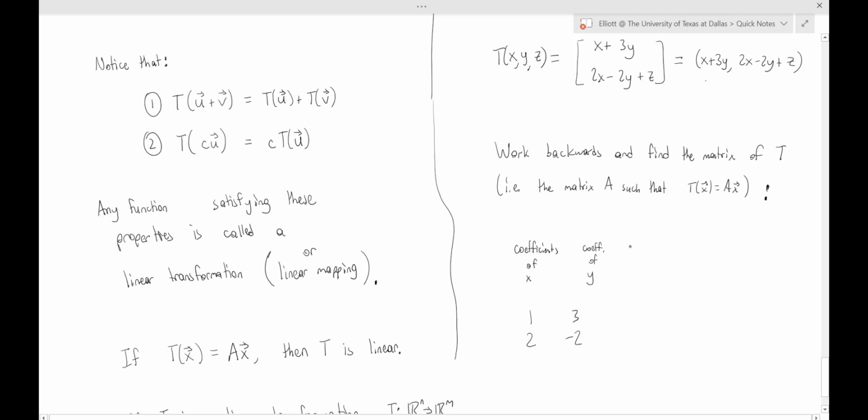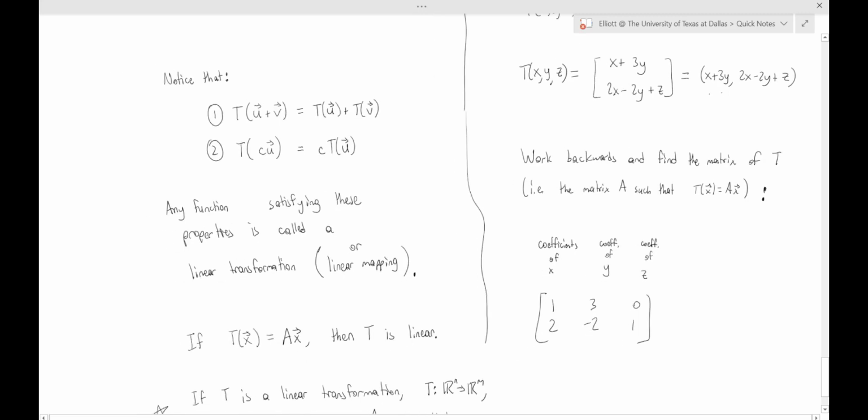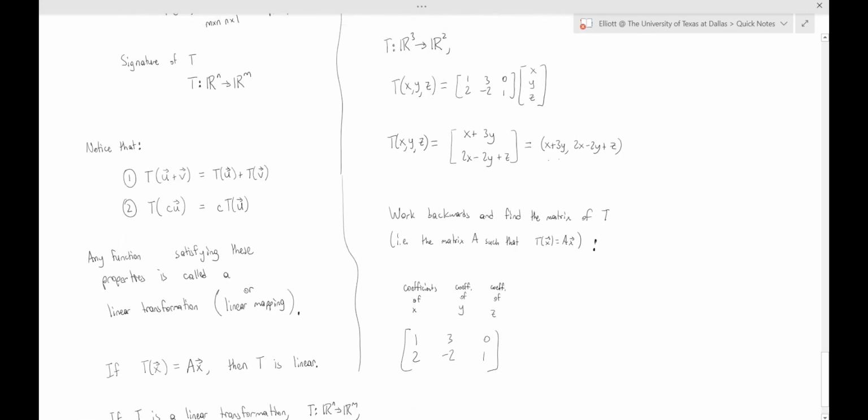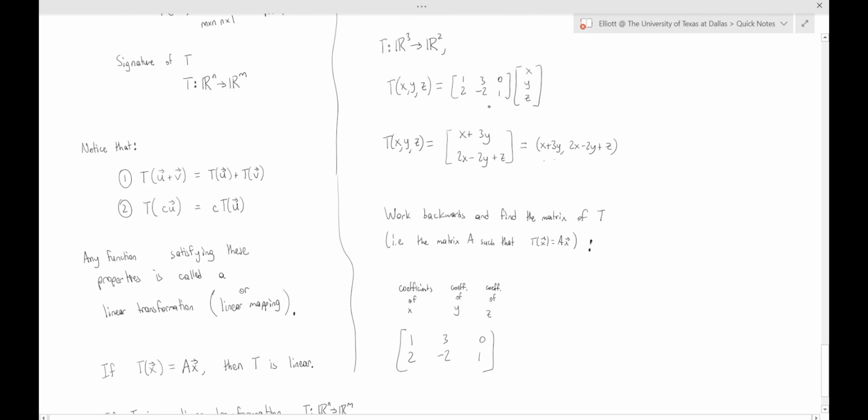And then you look at the coefficients of z, which are going to be 0 in the first component, and then 1 in the second component. Then this gives you the original matrix A that we started with. Okay.